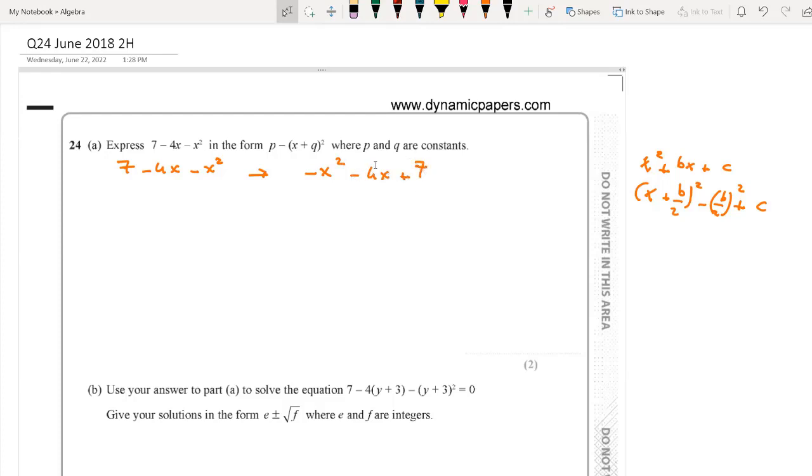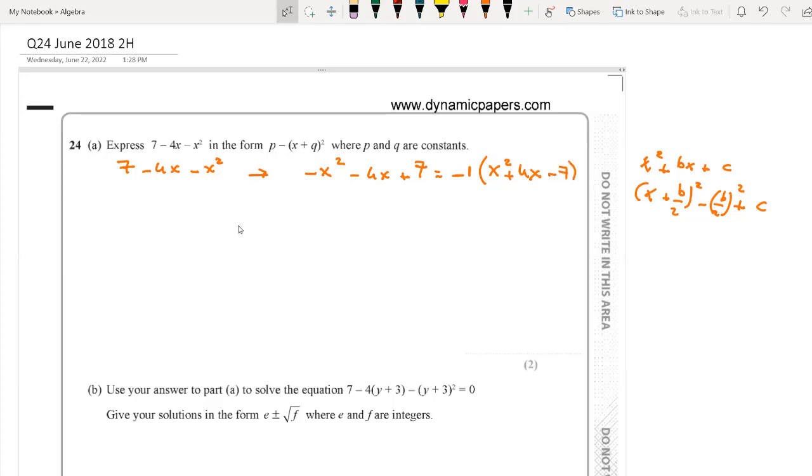Comparing this equation and the one on the right, there is a difference of minus 1 multiplied by x squared. So you have to factorize. You have to take a common factor, which is minus 1, then open a bracket, x squared plus 4x minus 7.